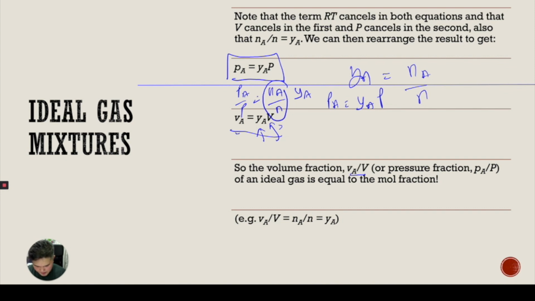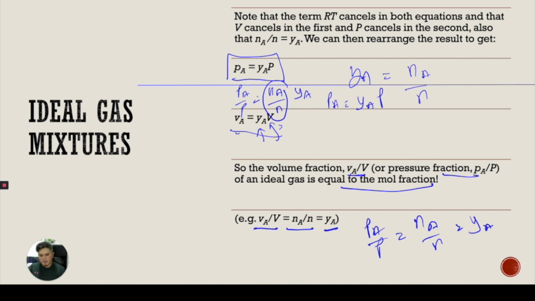As I mentioned earlier, the volume fraction VA over V, or pressure fraction PA over P, equals the mole fraction. So VA over V equals NA over N equals YA. Similarly, PA over P equals NA over N equals YA. So that is the relationship for a specific component.